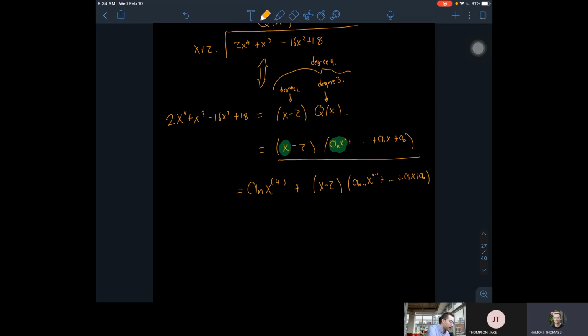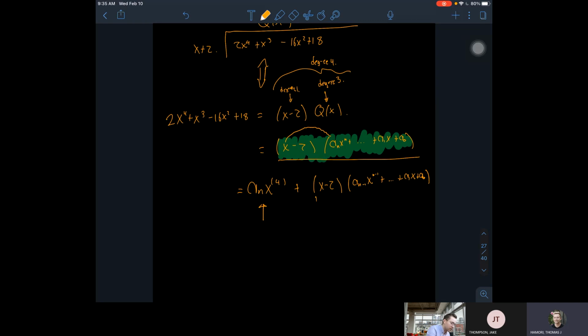Okay. And the point is that when I do this multiplication of x minus 2 times a_n x to the n plus dot dot dot, the very largest power of x term is going to come from the FOIL step, which corresponds to x times a_n times x to the power n, and I get a_n times x to the power 4, and that's going to be the only term of power 4.